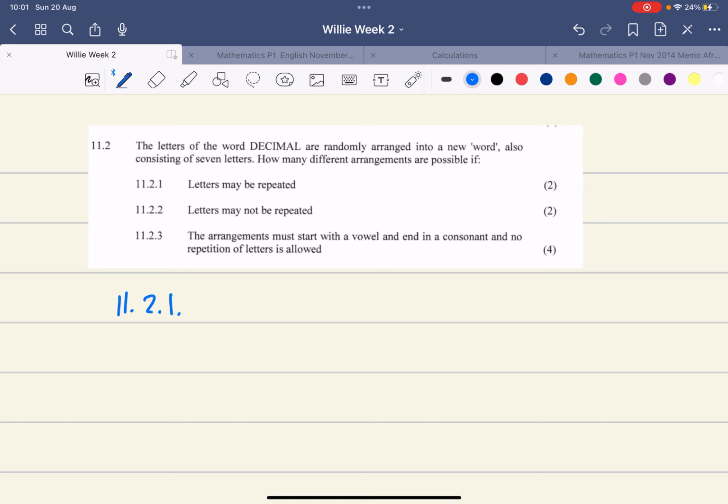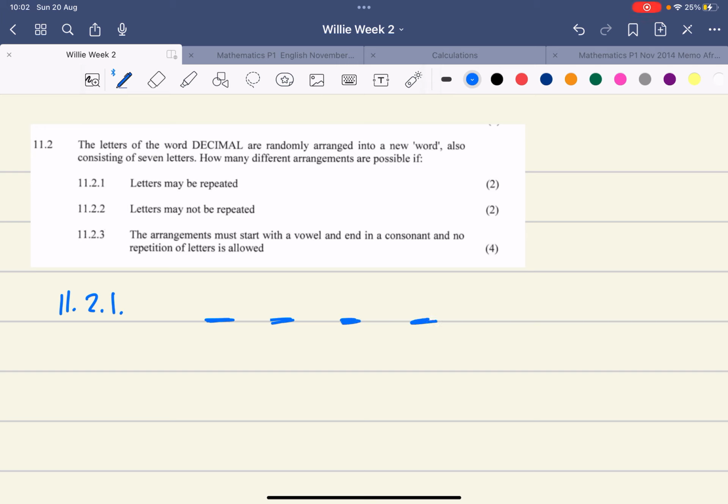So if we're forming a new word of 7 letters, 1, 2, 3, 4, 5, 6, 7, and we can repeat the letters, that means that for each letter of our new word, we have 7 options.